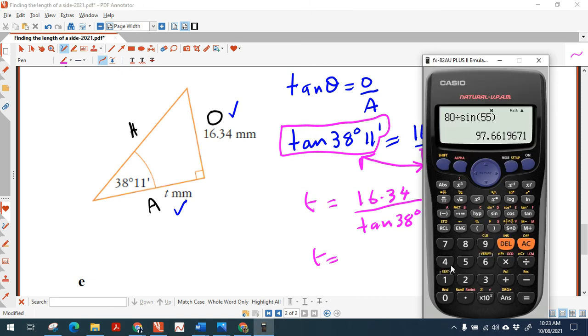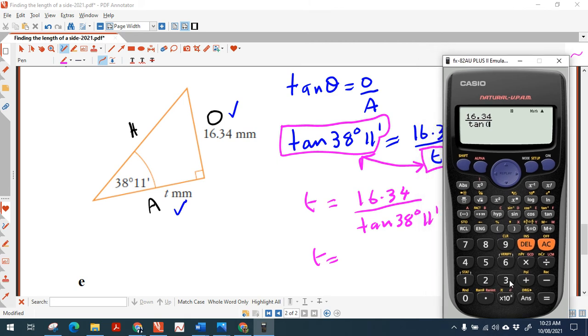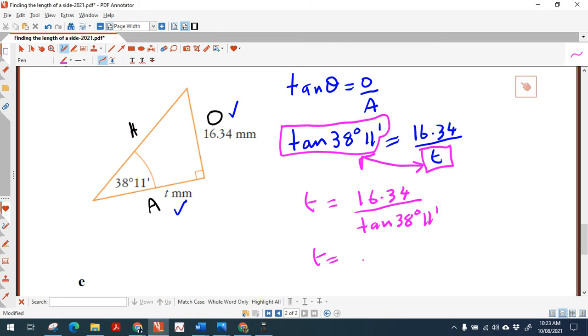Okay, so using your calculator now, let's get the calculator up. So you're going to use the fraction button here, 16.34, or you could use the divide key. Now it's going to be tan. Now you have to use the DMS button here, 38 degrees, and then 11 minutes, close bracket, then equals 20.78 is the answer.